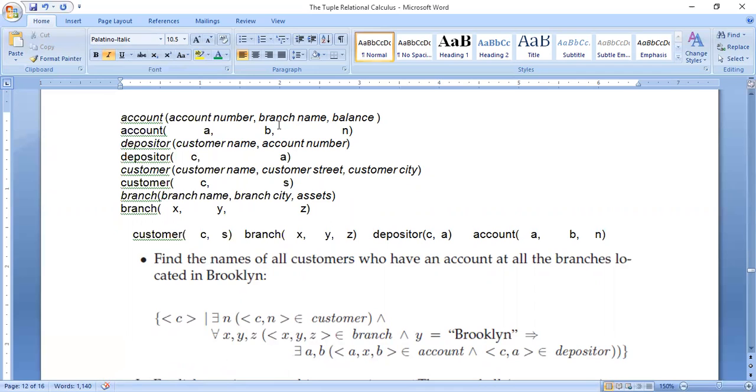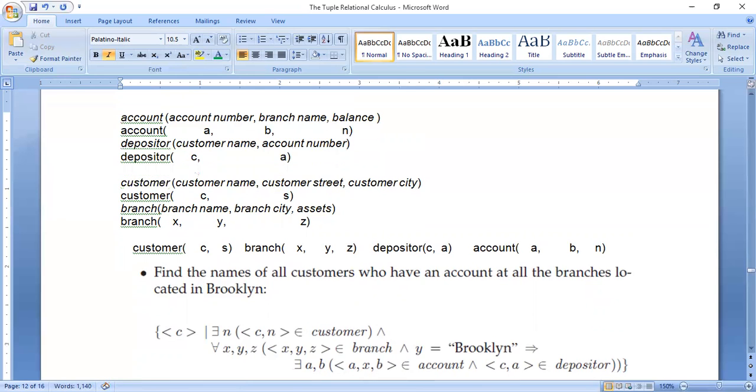But here we have used Y. In the branch relation we have branch name, branch city and assets, and here we are representing branch city with Y.